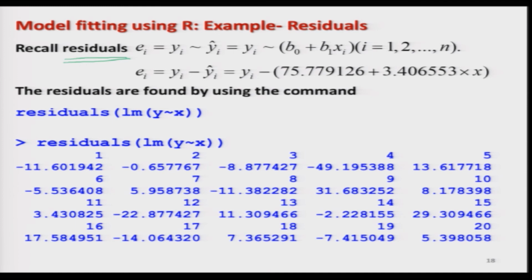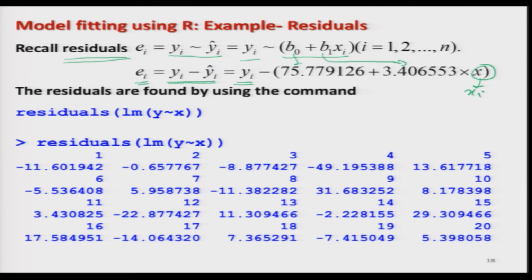So ei was defined as yi minus yi hat. Yi is given in the data, and yi hat is obtained by b0 plus b1 times xi, where x will be changing with i.